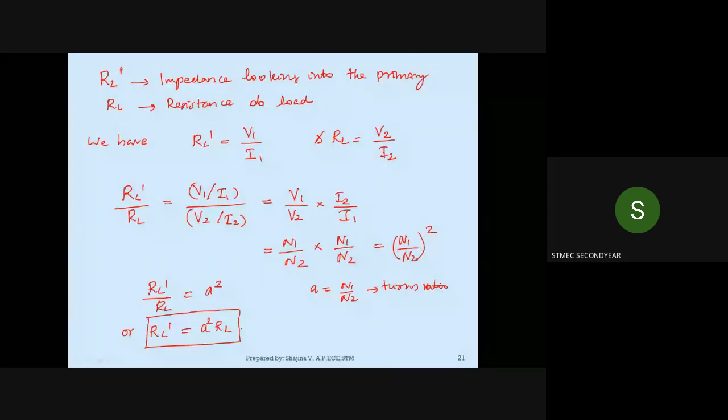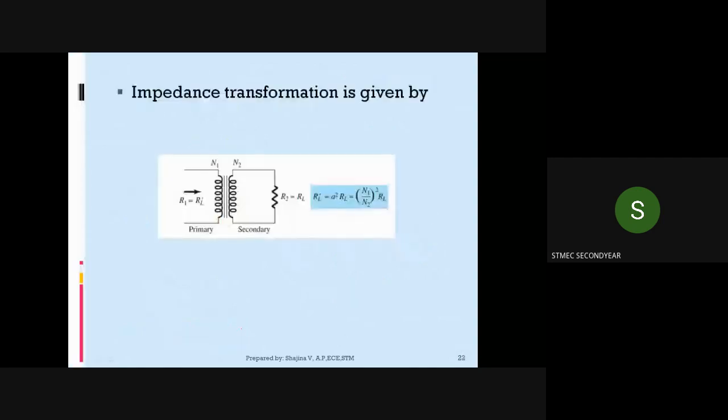So by adjusting the turns ratio, or by selecting a transformer with a suitable turns ratio, we can obtain impedance matching, so that maximum power can be transferred to the load. So the impedance transformation is given by RL dash equal to A square into RL.